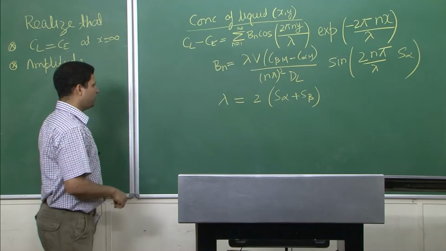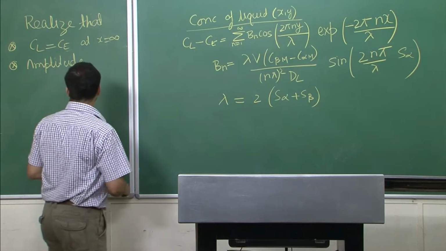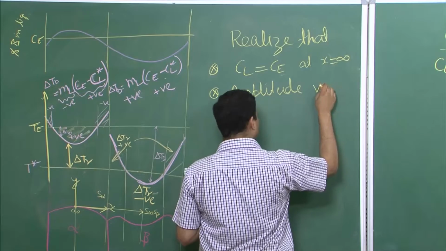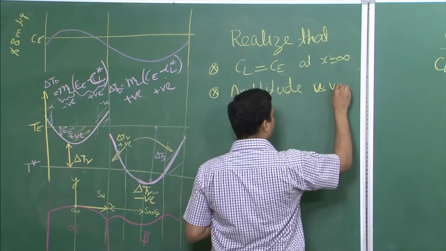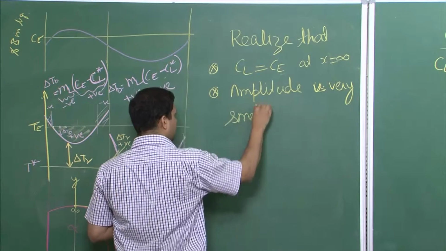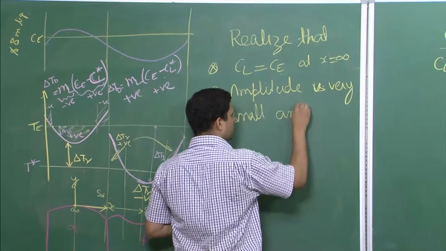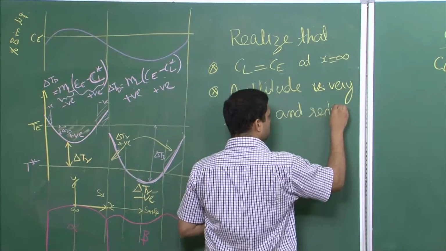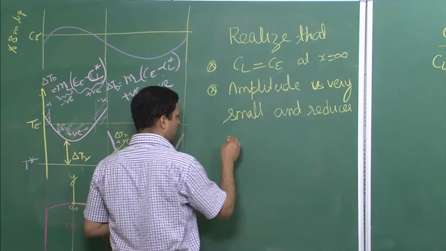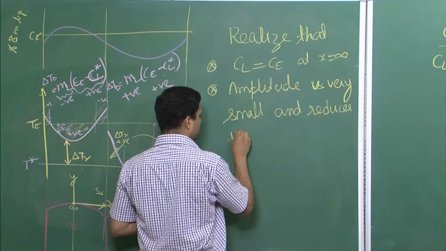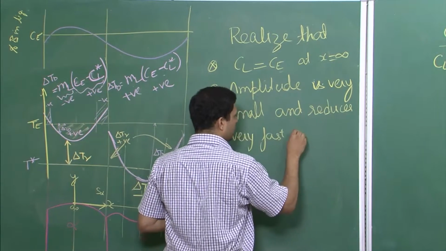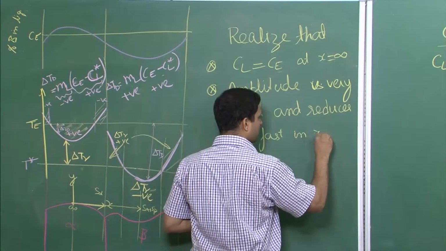Let's first write it down: the amplitude is very small and reduces very fast. How fast it reduces, we'll see in a moment, and it reduces very fast in the x direction.